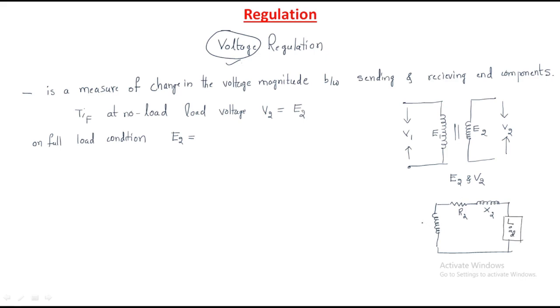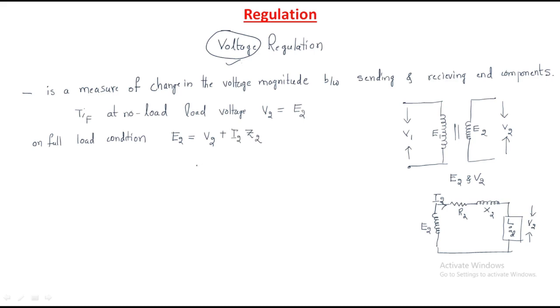The induced EMF E2 in the secondary winding drives the current I2 flowing to V2. So from this diagram we can write the relation between E2 and V2: E2 equals V2 plus I2 Z2.